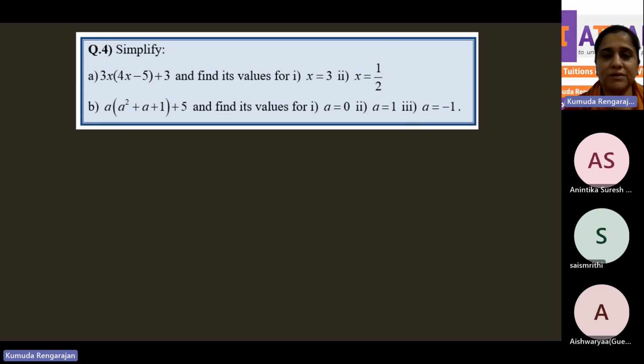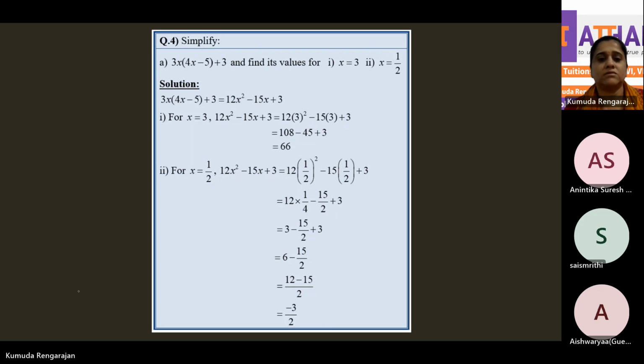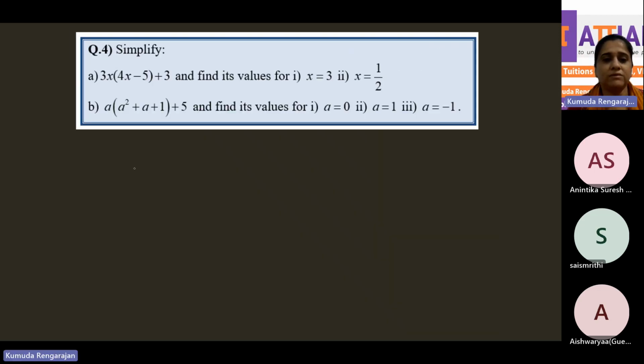So here you have to simplify. Please understand the question. We'll have to simplify this and then find its value. After simplifying, find the value when x is 3 and when x is 1 by 2. So how do we simplify?